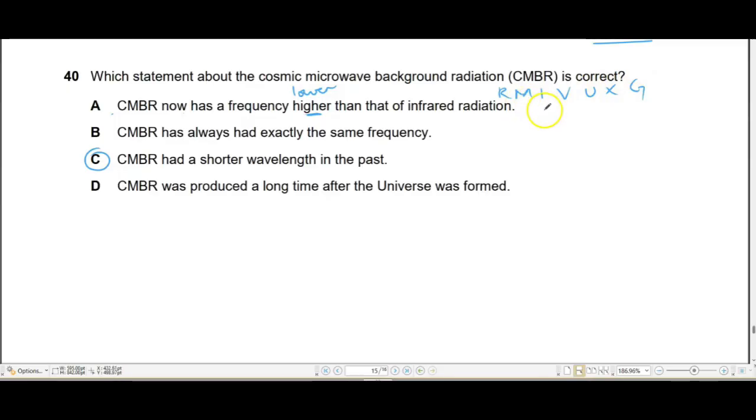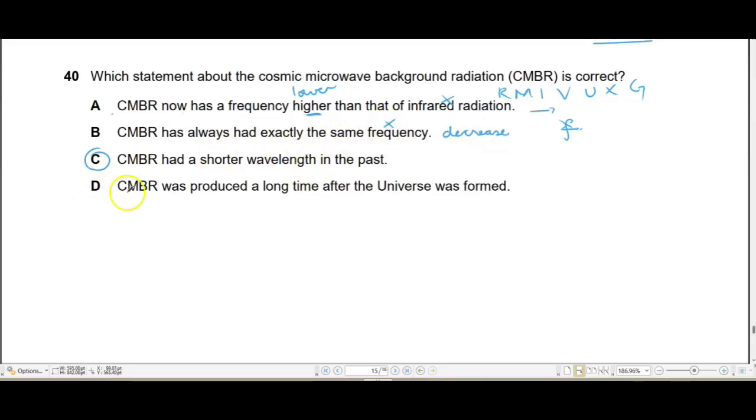Theek hai, so the frequency increases as you, sorry, this is wavelength. Frequency increases as you go towards the right. Theek hai, so that is why this is not correct. CMBR has always had exactly the same frequency. No, the frequency of the CMBR has decreased as the universe has expanded. So there is a decrease in the frequency and it is not exactly the same.